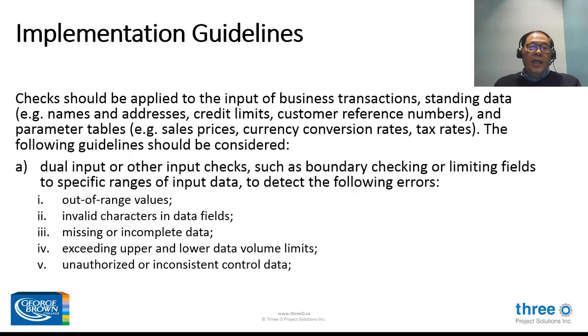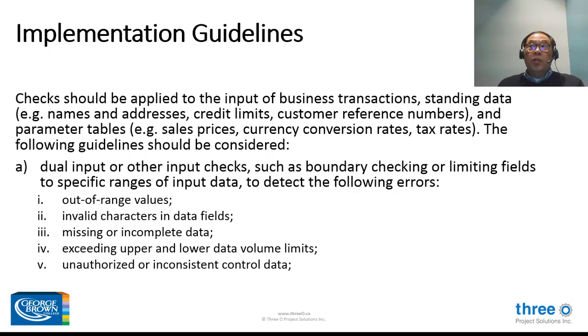So checking data validity should include checking whether the value is out of range. If you only allow them to enter between 1 to 12, you should reject data that is outside of that range. Invalid characters in a data field: if you're asking for the name, you should reject an exclamation mark and so on. And any missing or incomplete data.